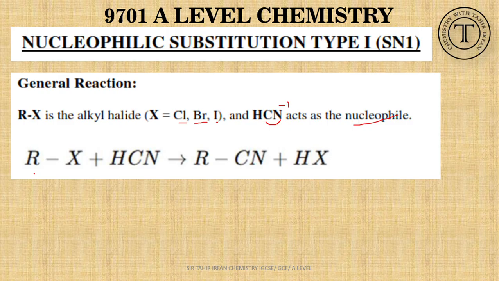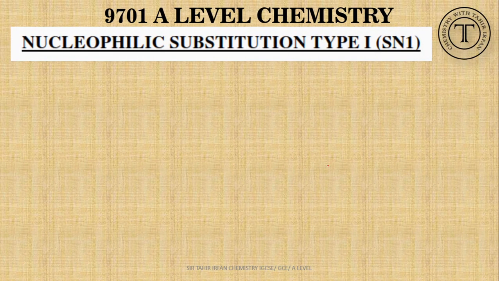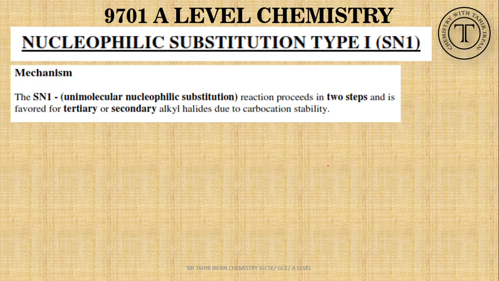There was an alkyl chain containing halogen atoms, HCN attacked onto that, and you can see a nitrile is formed, leaving hydrogen halide. So the SN1 unimolecular nucleophilic substitution reaction proceeds in two steps. So as I told you, this is very confusing, but we must remember SN1 takes place in two steps.